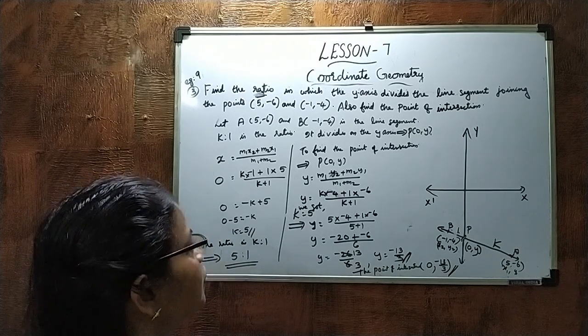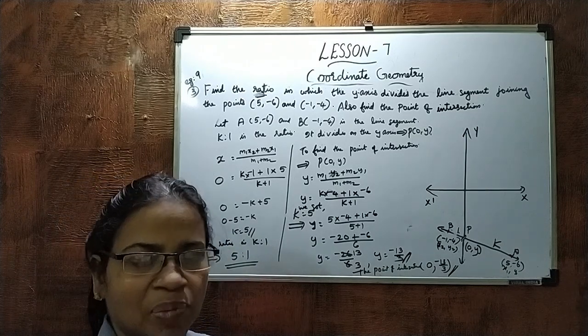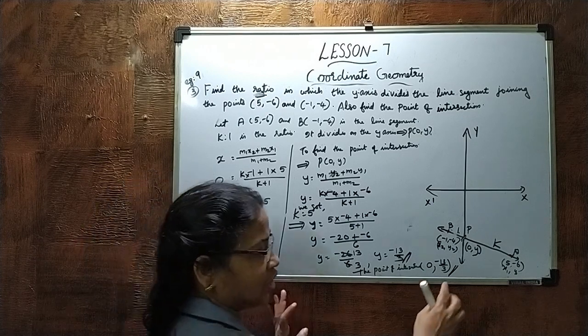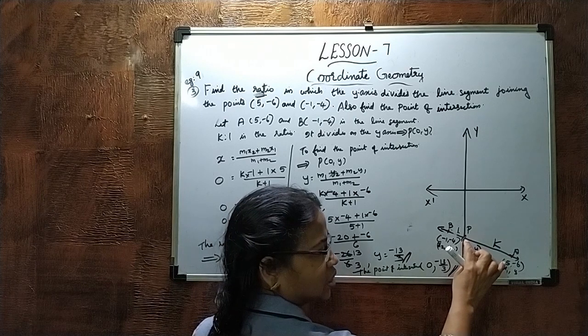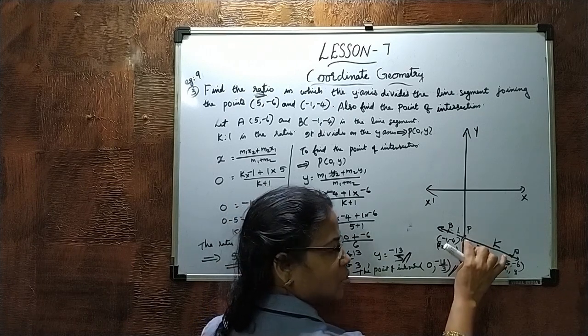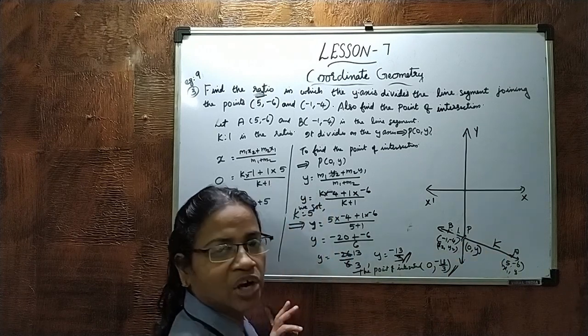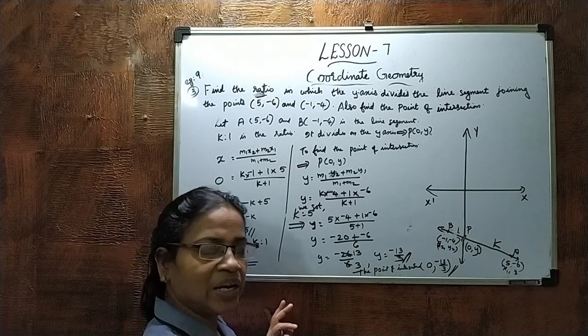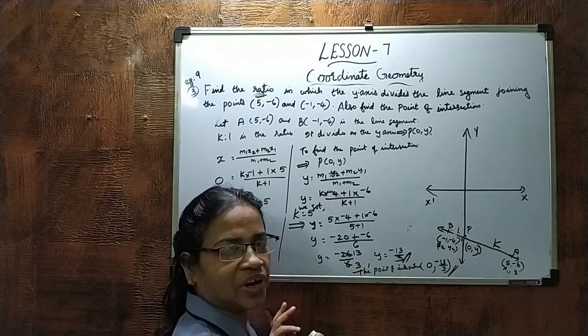Okay. So what all things did we do? We used the section formula for finding out the coordinates of this point of intersection. And using the section formula, two things we can find out.